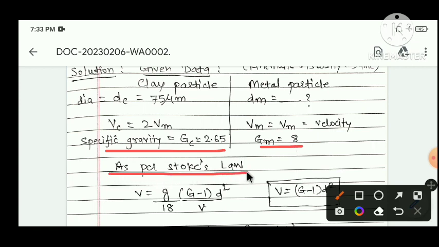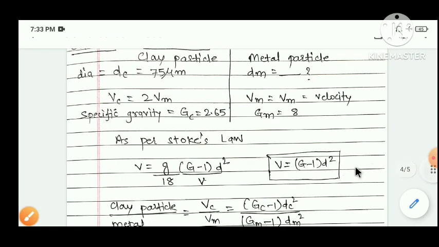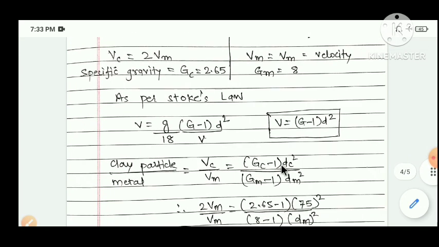As per Stokes law, which gives the terminal velocity of the particle, the formula is V = g/18 × (specific gravity − 1) × d² / kinematic viscosity.